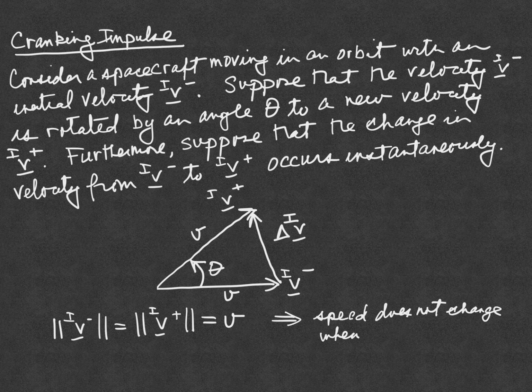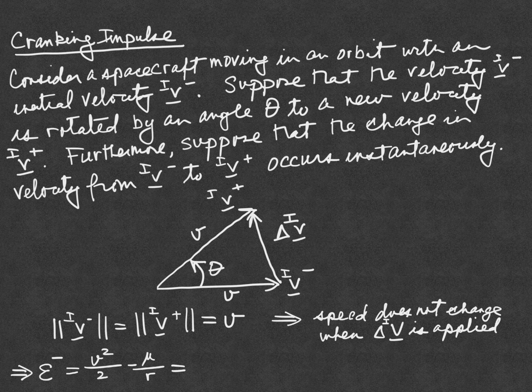When the cranking impulse, delta VI, is applied. And because the speed doesn't change, that implies that the orbital energy before the impulse, which is equal to v squared over 2 minus mu over r, has to equal the orbital energy after the impulse, because r does not change when delta VI is applied.